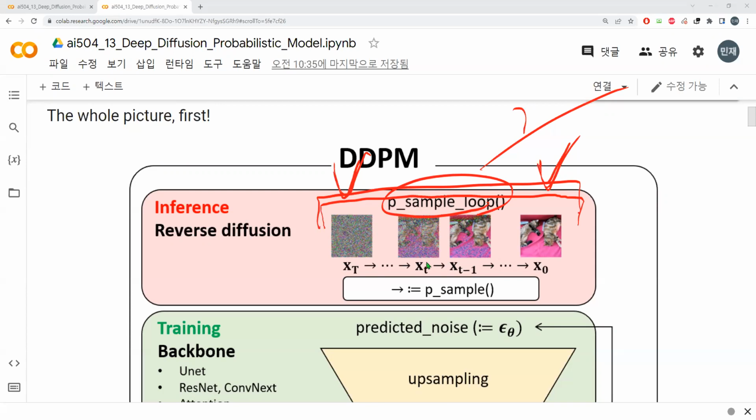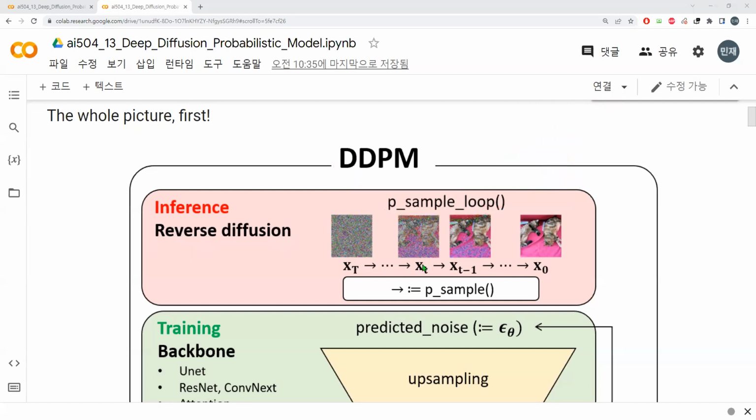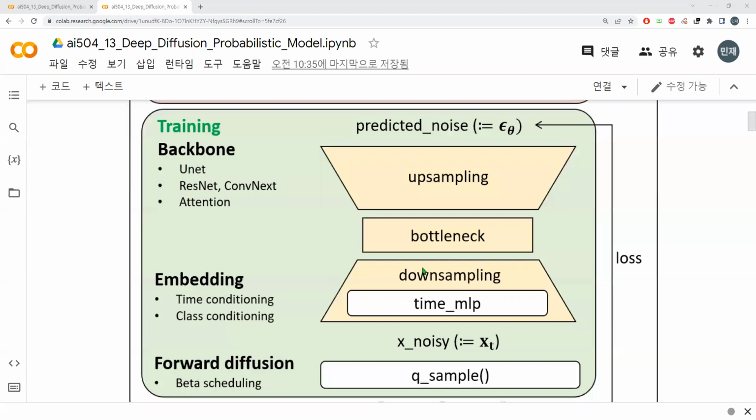Okay. The point is the denoising process, which is equal to reverse diffusion, is done in a step by step manner, unlike the training process.